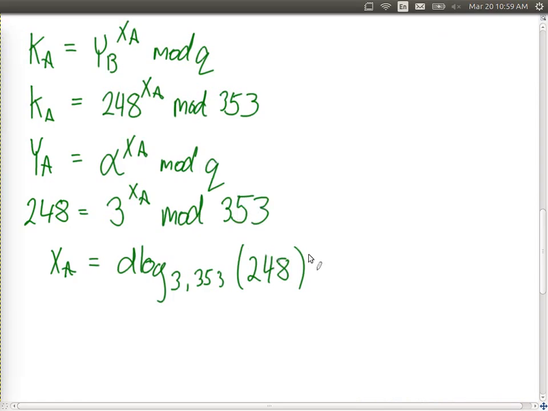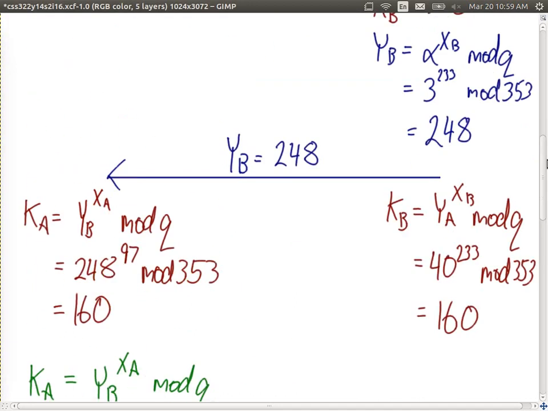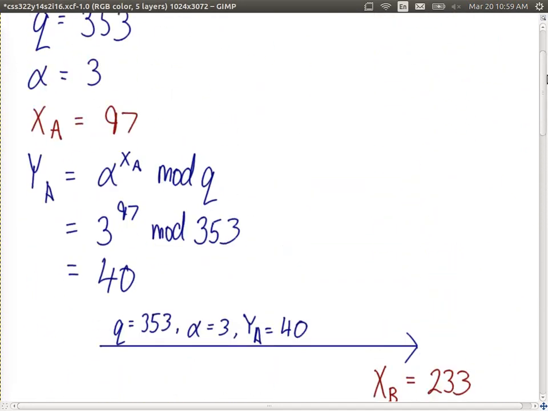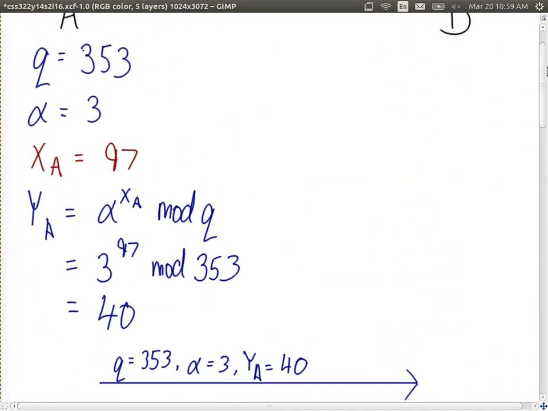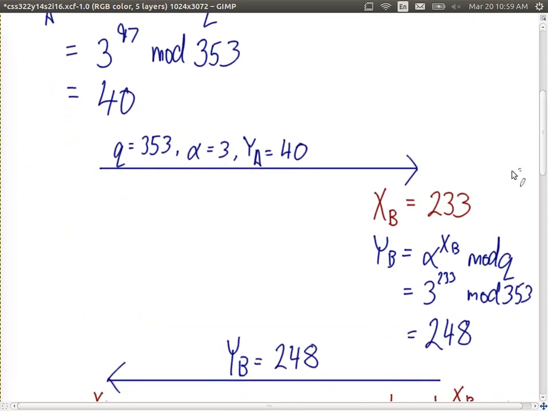Let's go back to what we did as our exchange here. So A sent this message to B: Q, alpha, and YA. What a man-in-the-middle attack will do is that our malicious user, let's say C, who's in between A and B, can intercept this message before it gets to B and modify it.